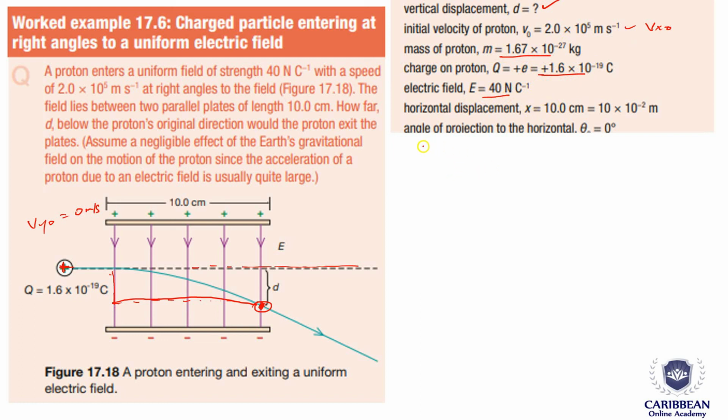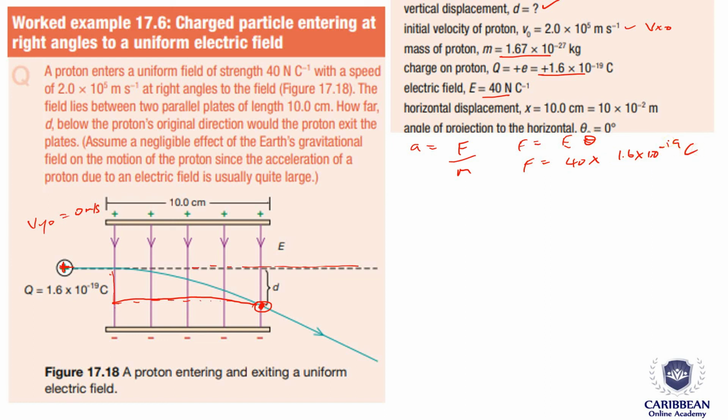But there's something else that we haven't indicated, and that's the acceleration, because for this type of question, we're going to need acceleration. The acceleration is obviously going to equal force upon the mass, and we can find the force by saying force is equal to electric field times the charge. So the force in this case is going to equal 40 times positive 1.6 times 10 to the minus 19 coulombs.